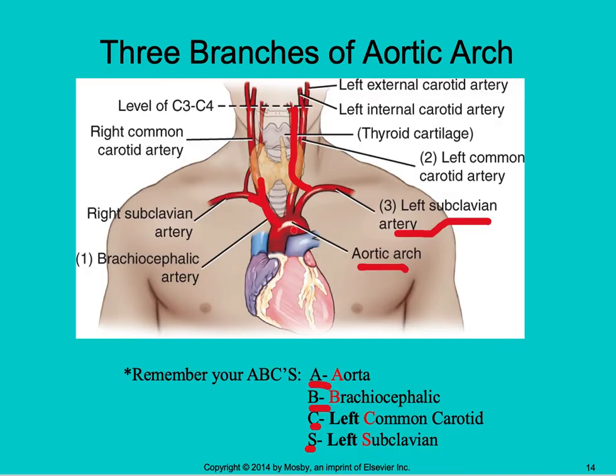And then your left subclavian, but you also have your left common carotid. So the brachiocephalic, left common carotid, and left subclavian are the 3 that come off of the aortic arch.